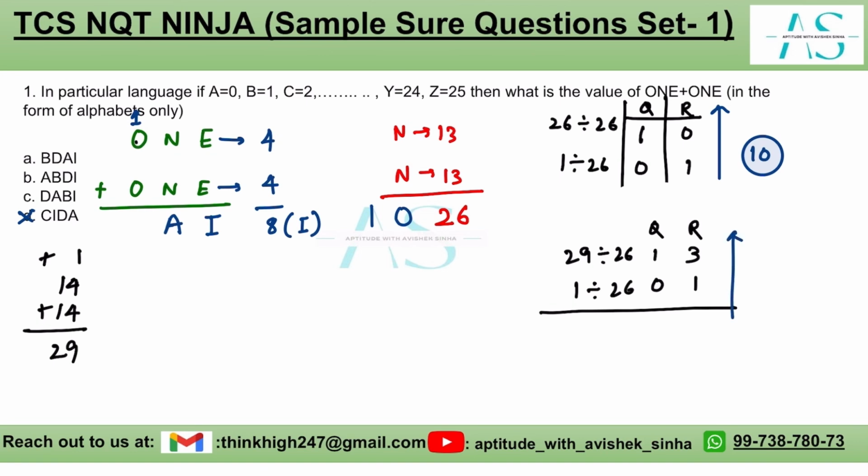So now the solution becomes 1, 3. This is not 29 in terms of these values; this is basically 13. 3 is basically D and 1 is basically B. So we put B, D, A, I. That is right there in option A, and that is how you can mark these questions.